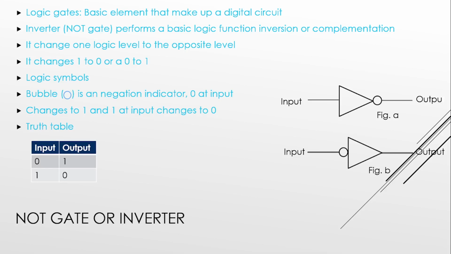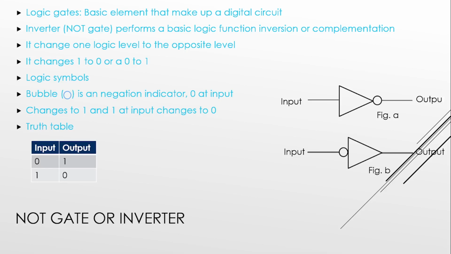So when there is 0 at the input side of the bubble, there will be 1 at the output side of the bubble. So the bubble in this symbol, and in all types of gates and digital circuits, represents negation. It changes 0 at the input to 1, and 1 at the input to 0. So this is the significance of the bubble.